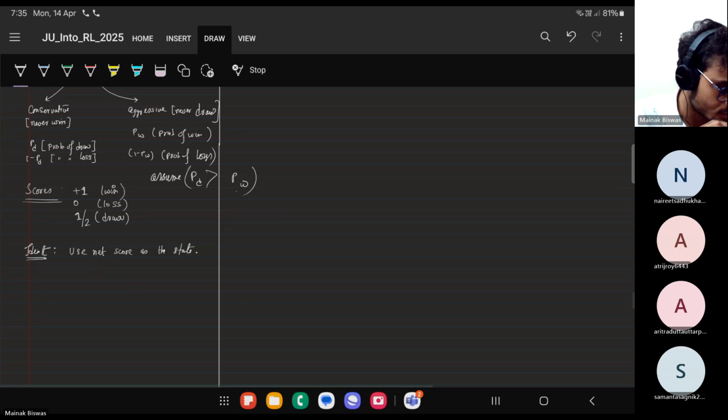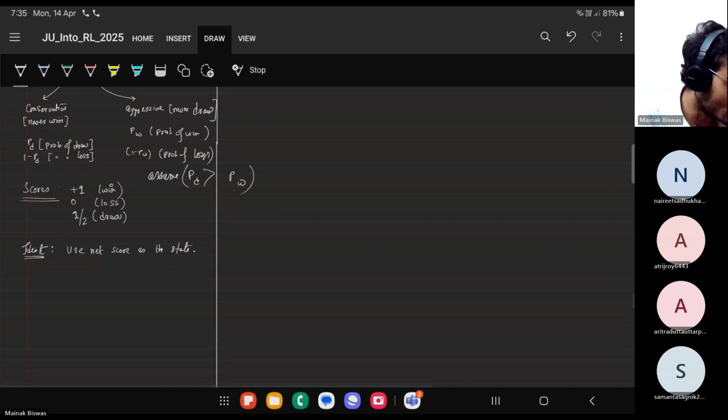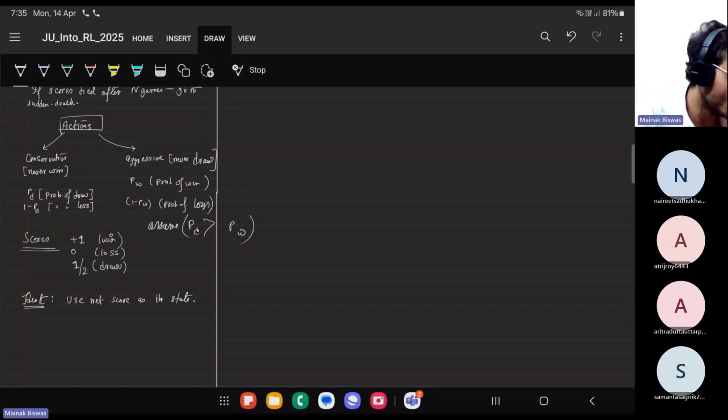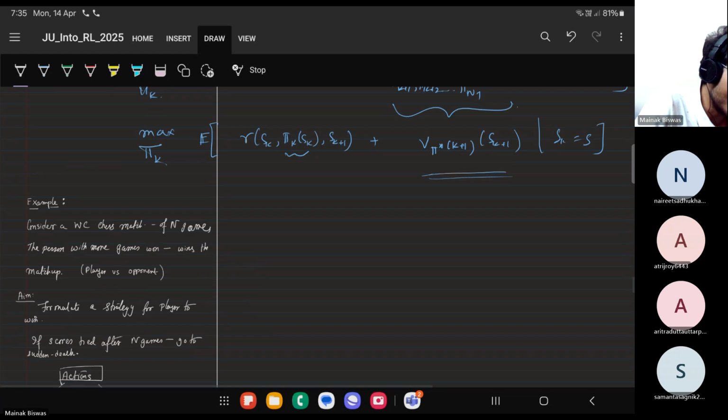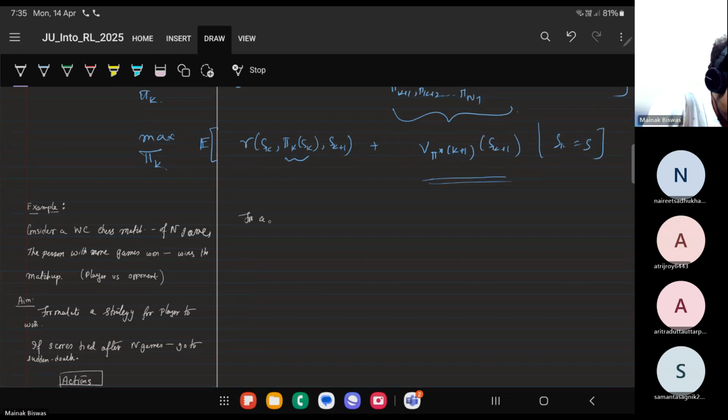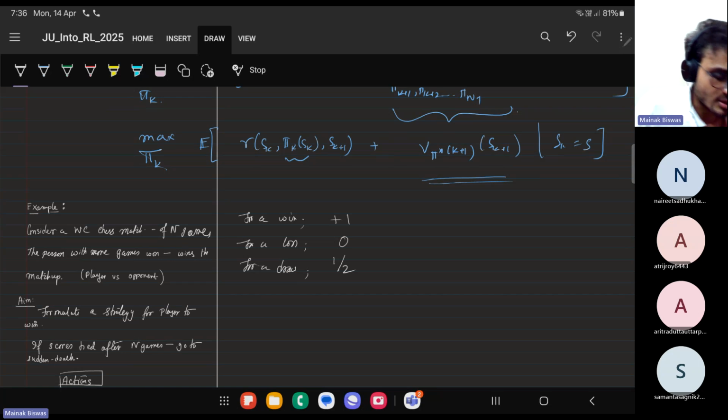Now the scores are given to you, as you know in chess. For a win, plus 1; for a loss, 0, sorry, minus 1; and for a draw, you have half a point to both players, right?